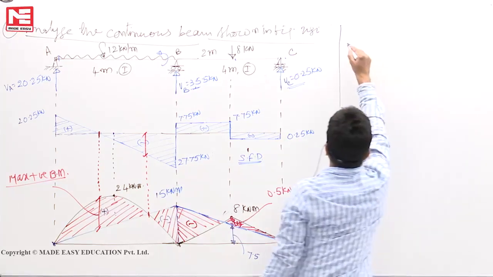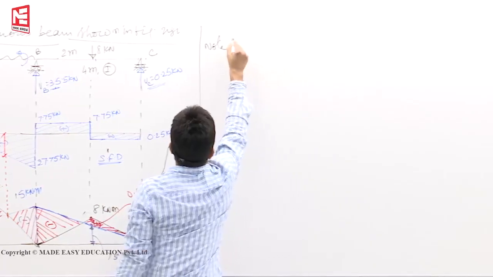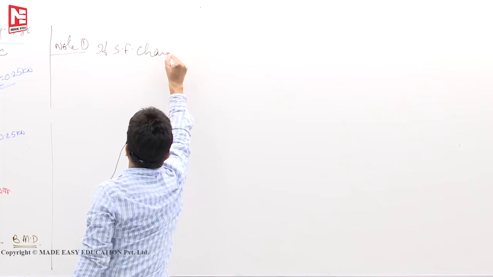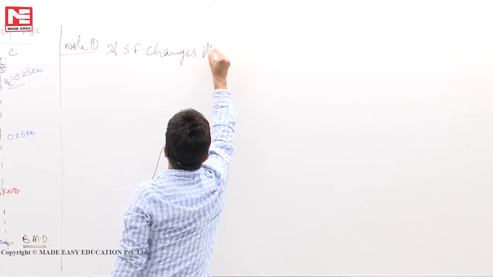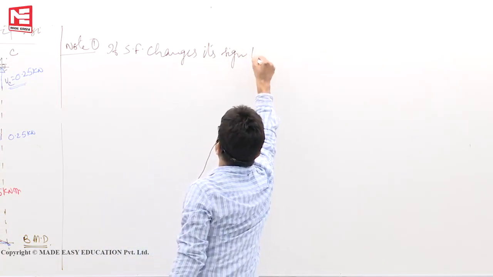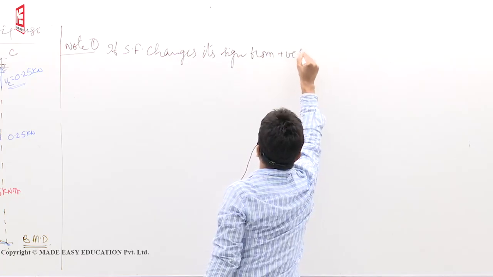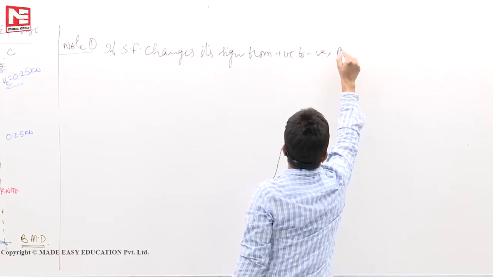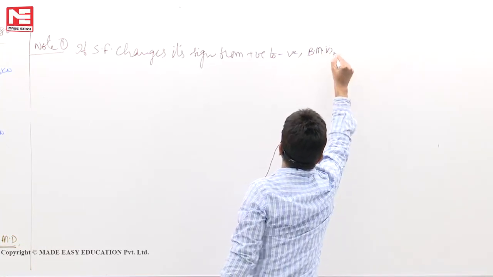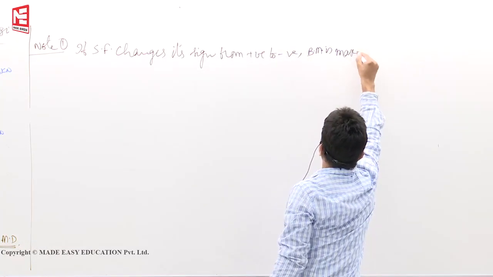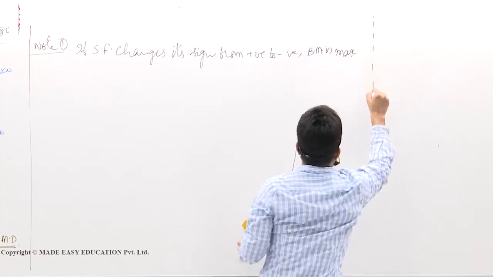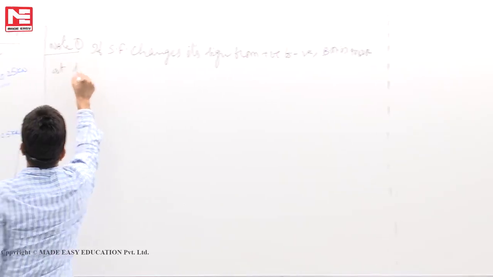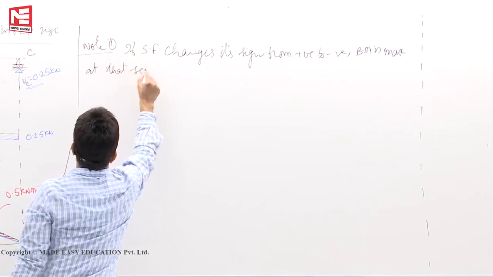See here, this is what we have learned. Note 1: If shear force changes its sign from positive to negative, bending moment is maximum at that section.